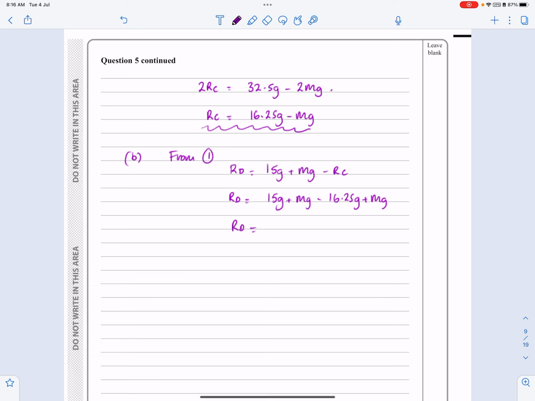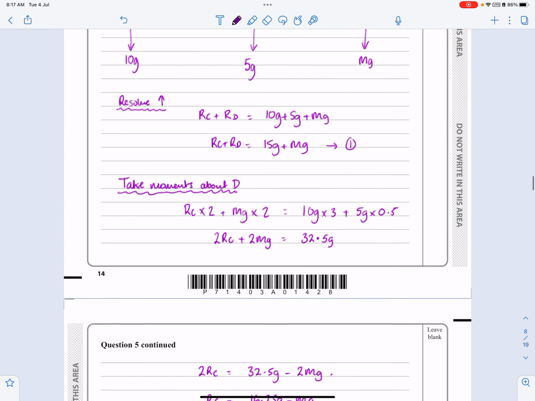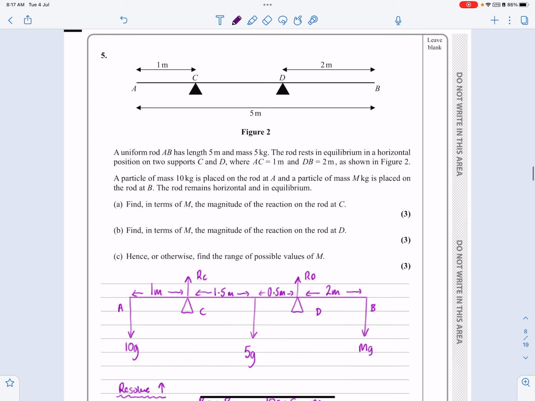So RD works out to be, and this is just algebra now, shouldn't take you too many steps to be able to do this, that works out to be 2mg minus 1.25g. So I found RC and I found RD. One of them by taking moments, one of them by resolving vertically. So I like the fact that I've done two different methods there.